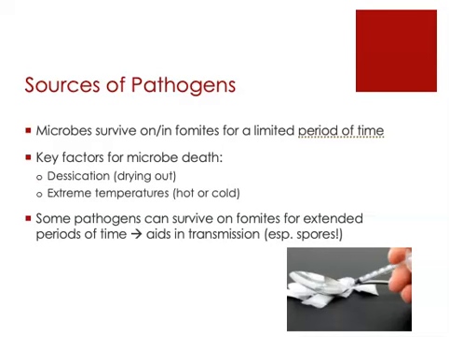If those spores get onto fomites, they'll stay there essentially indefinitely until they gain re-entry into a host where it's warm and wet and full of lots of good nutrients, and the conditions will be right for that spore to revert back to the vegetative cellular stage and cause disease.